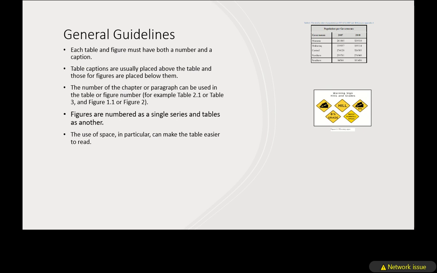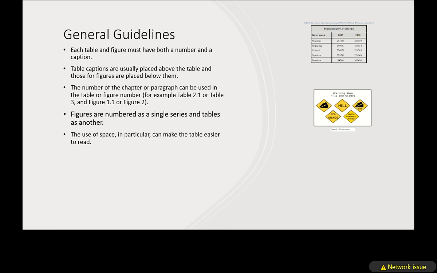If you make good use of the space where you are putting the table, it can make it easier for the reader. Usually tables which come in the middle of the text don't look so good. Tables which come at the start or the end provide better reading.